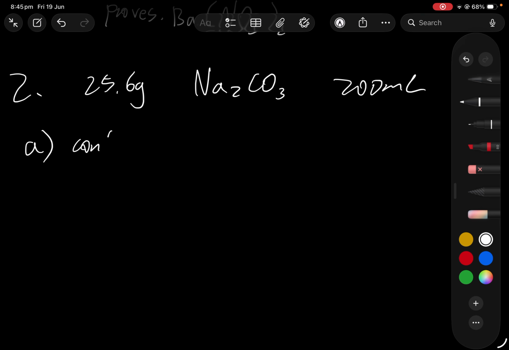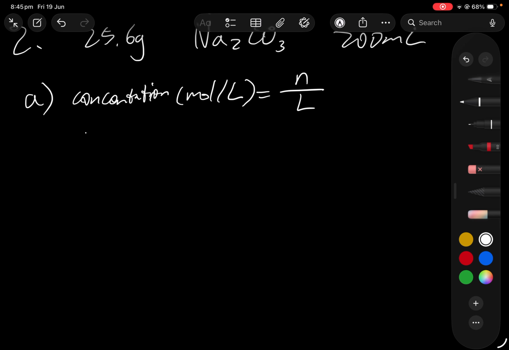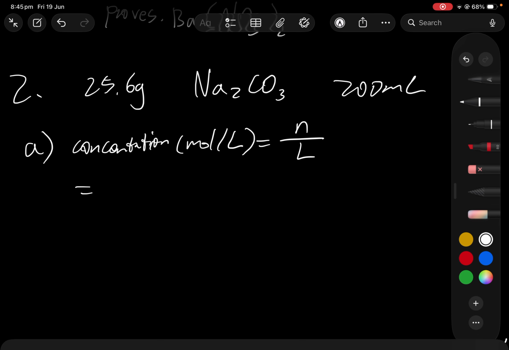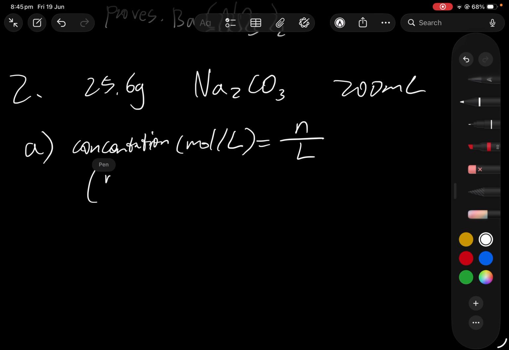So concentration in moles per liter is equal to moles over liters, which equals number of moles. So number of moles equals mass over molar mass.